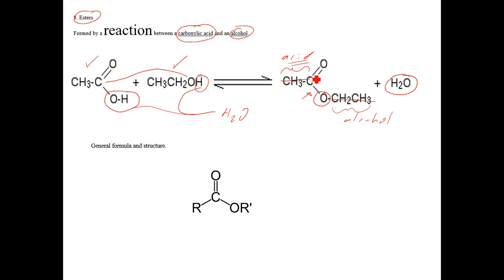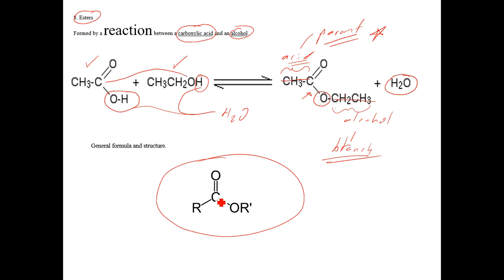So where you do have that double bonded oxygen, that's the one that was originally the acid, and it's this one here that's going to be our parent chain, and this is important for you to remember. That is your parent chain. This one here, the alcohol, it's going to be named as a branch. So this is our basic structure. This is what you're looking for.